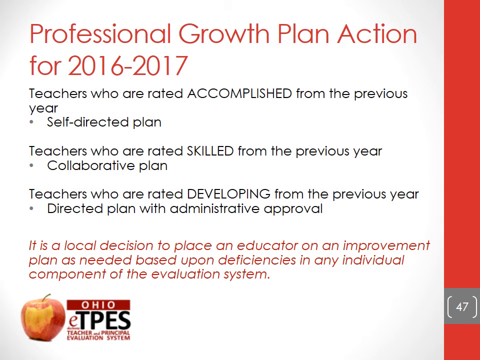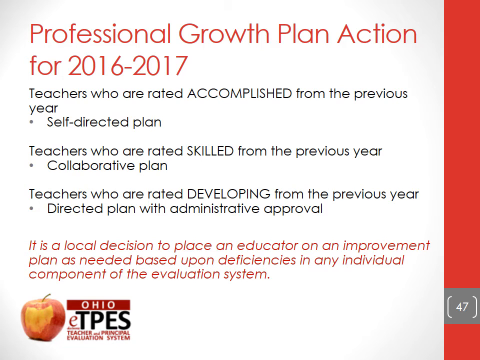So how do you determine if a teacher is placed on or remains on a professional growth plan? Teachers rated accomplished from the previous year, which would be the 15-16 school year, will be placed on a self-directed professional growth plan for the 16-17 school year.